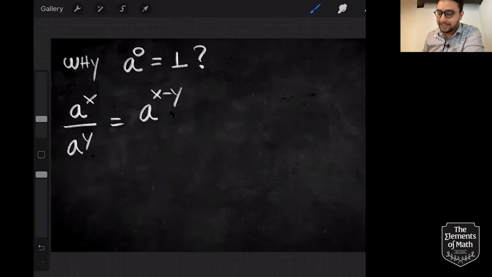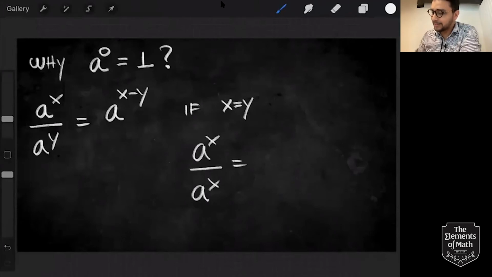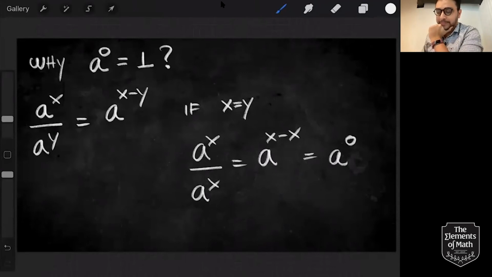But if x is equal to y, I'm going to have a to the power x over a to the power x, which is a to the power x minus x, but x minus x is 0.